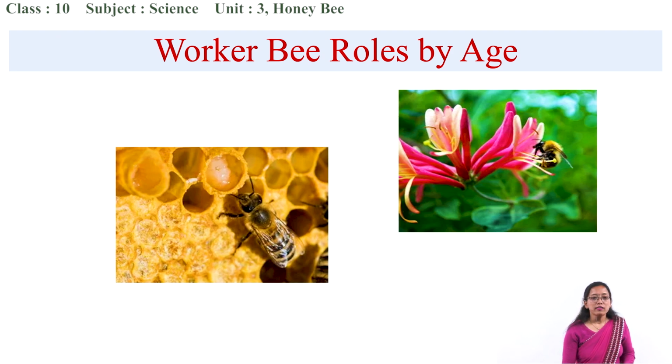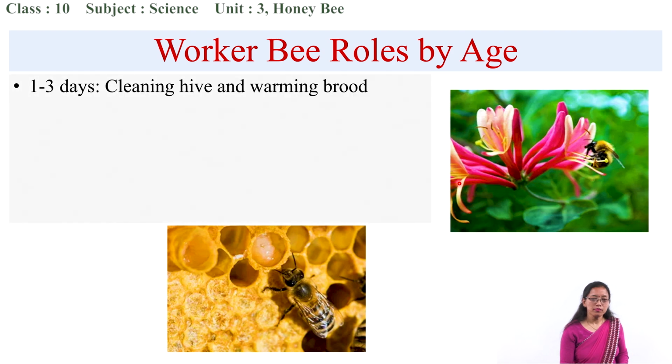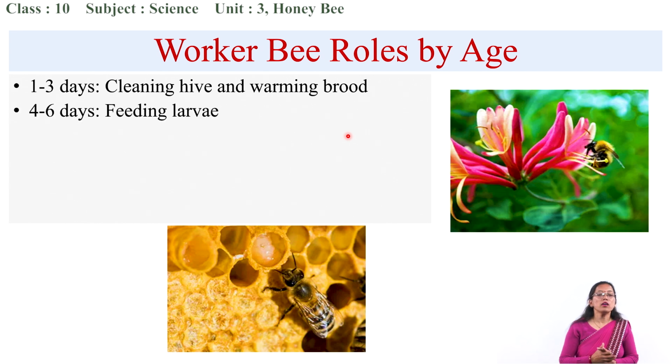Okay. First one is 1 to 3 days. In the age of 1 to 3 days, they clean the hive and warm the brood. That means they give warmth to the brood cell. Inside that there are larvae, and for larvae and pupa they provide warmth. From 4 to 6 days, feeding larvae.